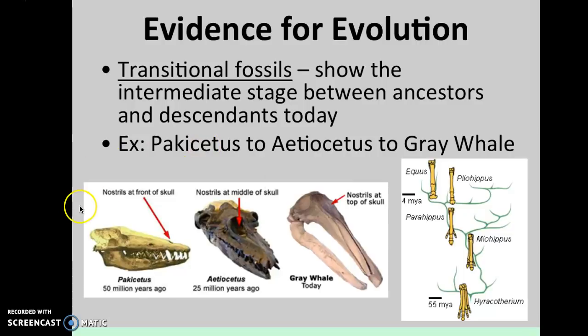It shows how long ago, 50 million years ago, we have the Pakicetus with a nostril here at the front. And then the Ambulocetus, 25 million years ago, is our transitional piece because our nostrils now kind of moved to the middle of the head. And then now our gray whale, the nostril has moved to the top. So transitional fossils, again, just show that things have changed very slowly over time.